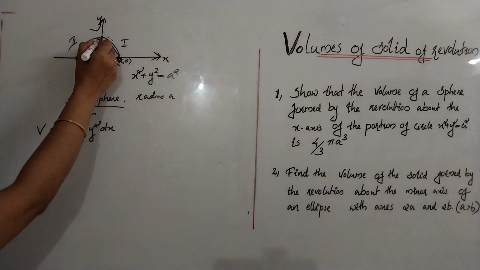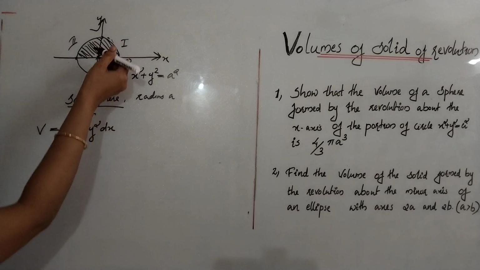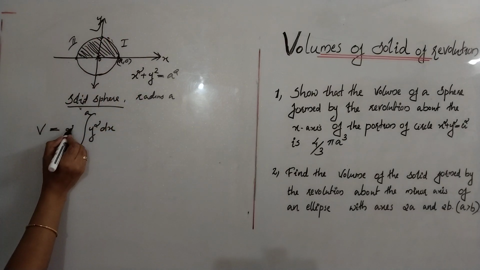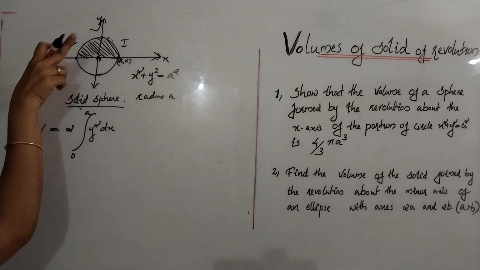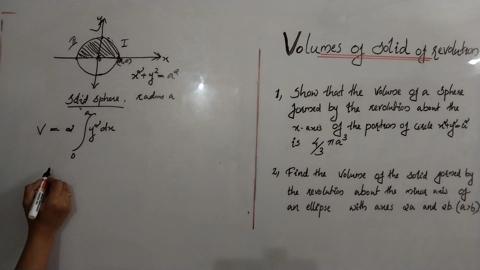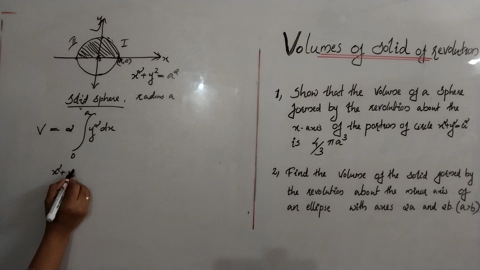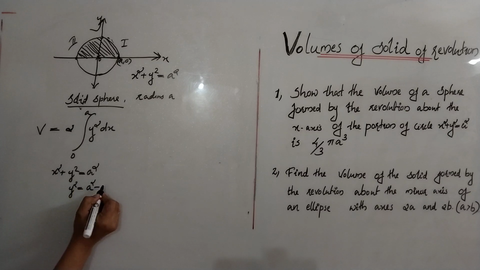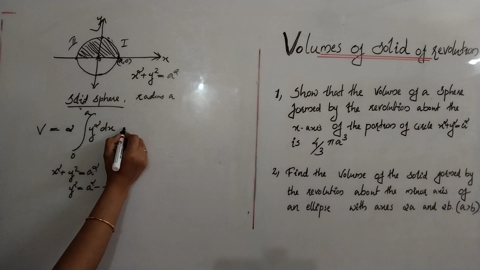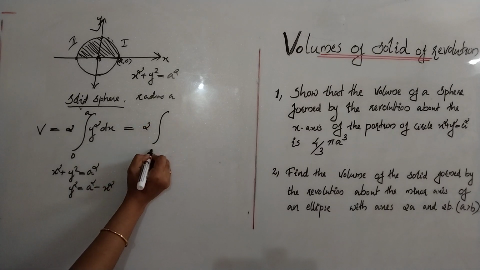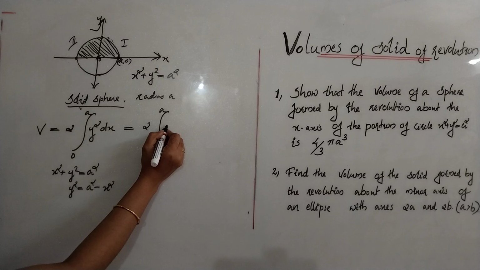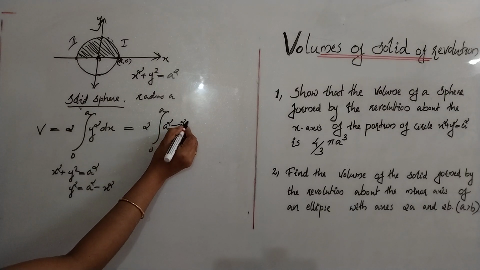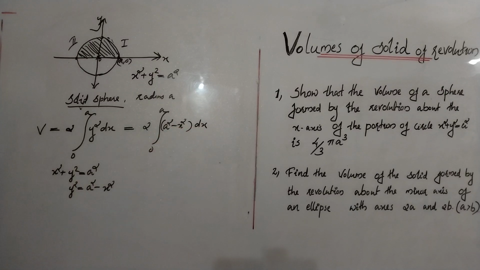That is, this portion is revolving about the x-axis, and multiplying by 2 gives the whole part. And x square plus y square is equal to what? a square. This is the equation of a circle having radius a. Then y square is what? a square minus x square. Then this becomes 2 times the integral from 0 to a of a square minus x square dx.